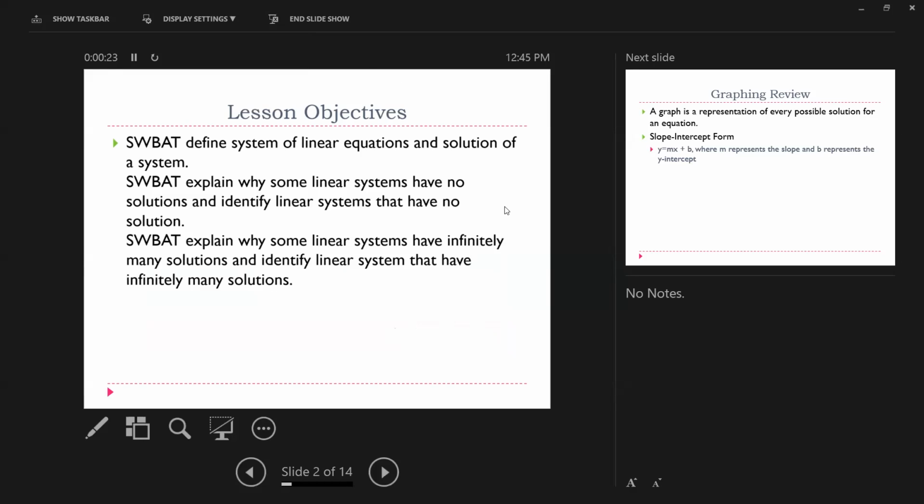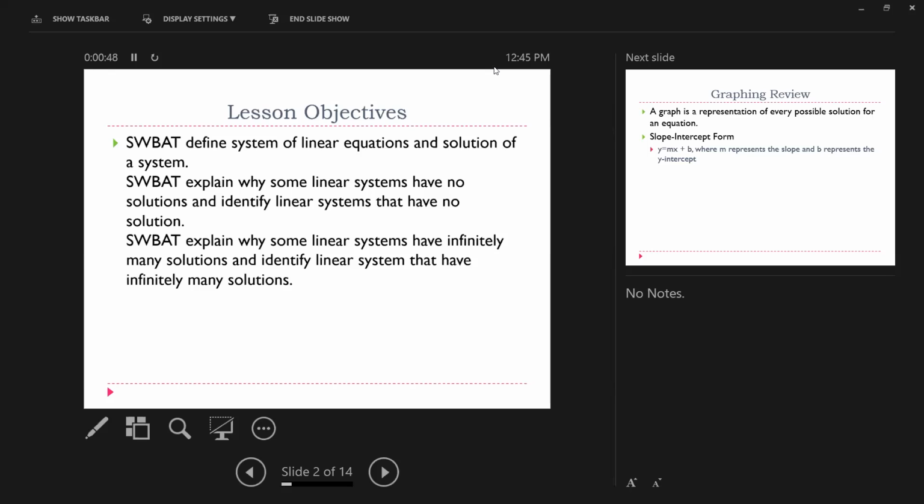Can we uncover what the solution is? Is there possibly more than one solution? Or is there no solution? Because it is possible that we can have no solution on some of these systems problems.